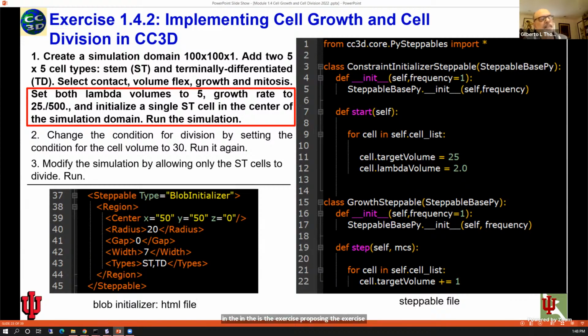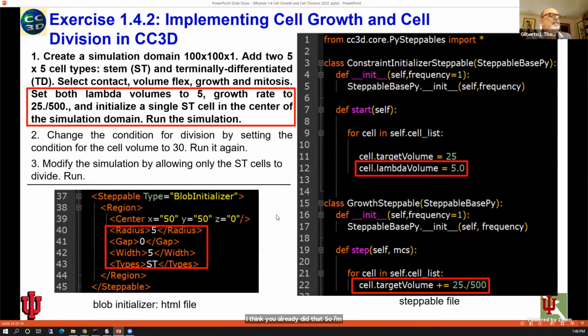I think you already did that, so I'm going to advance, because this is what you're going to have. You change this here for radius 5 and 5, and keep only the ST cell type at the beginning, so the size of the radius accommodates only one cell, ST. And here you change the lambda volume to 5 and the growth rate to 25 over 500.